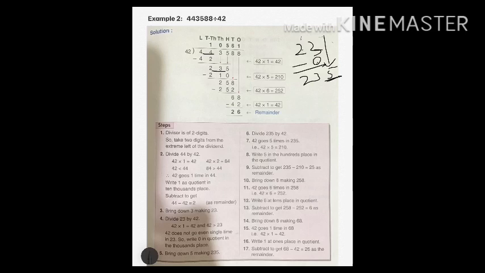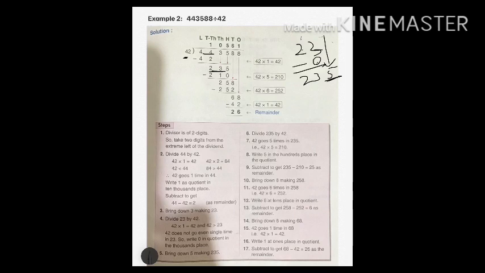So what do you do? You just look at 4 here, and look at the first two digits here, 23. Now just check how many times 4 goes into 23. Rough idea: 4 5s are 20. So this way, if you want to have a trial quotient, which number should I multiply with 42 to get a near about number?